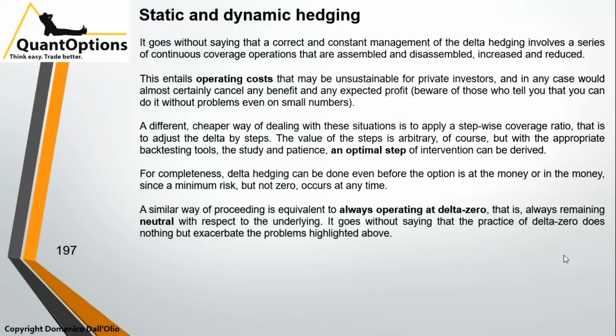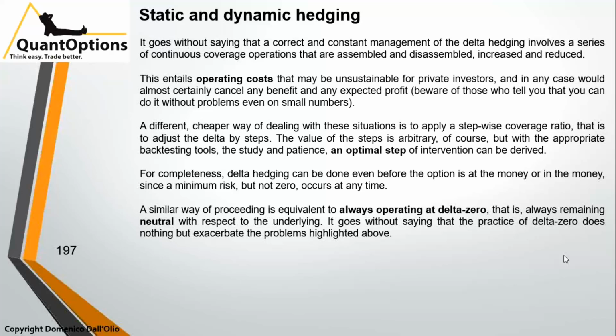For completeness, delta hedging can be done even before the option is at the money or in the money, since a minimum risk, but not zero, occurs at any time. In the example seen in previous slides, in the beginning, the delta of the short call options was 0.20. So why not immediately purchase 1,000 times the delta number of underlying contracts in order to neutralize the risk on the upside?